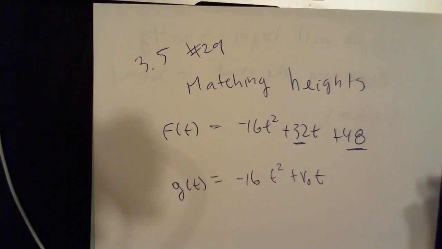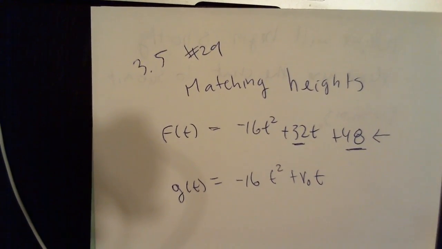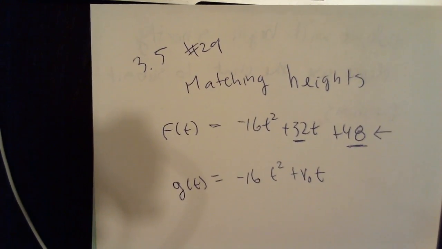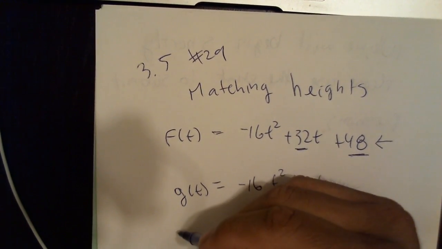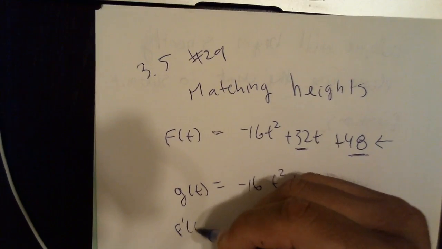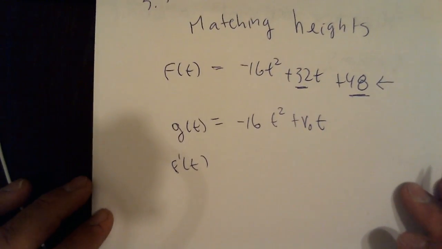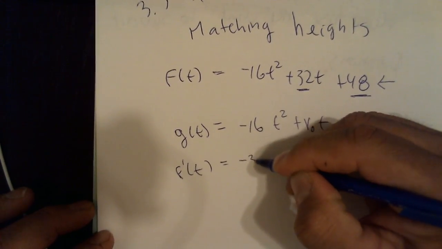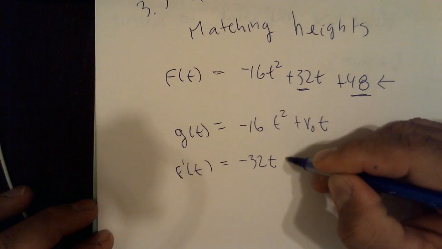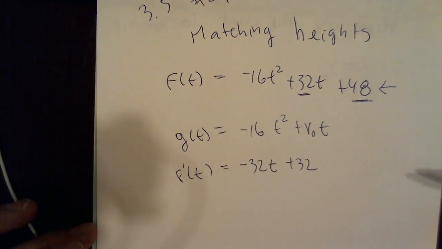We have both of these equations, and we want both of the stones to reach the same height. We'll start with f of t, and I want to determine what the maximum height is for that function. I can do that by taking the derivative. I'll have negative 32t plus 32, which defines the velocity function.